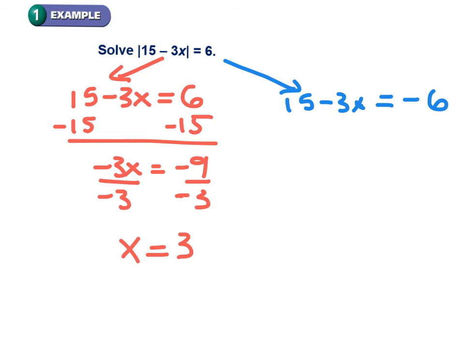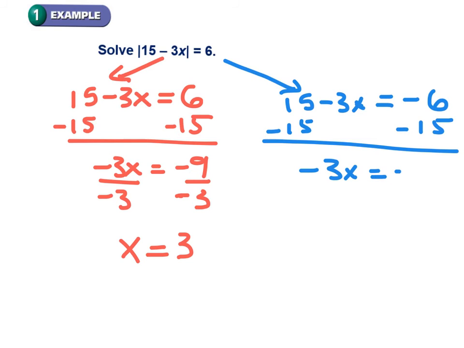For our other equation, I would subtract 15 from both sides, which leaves me with negative 3x equals negative 21. And then I divide both sides by negative 3, and I get x is equal to positive 7.